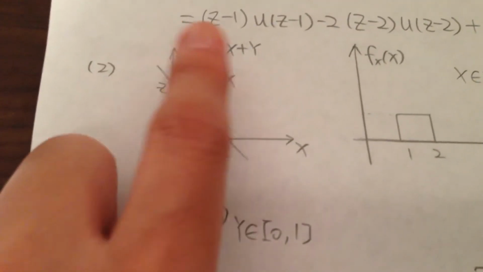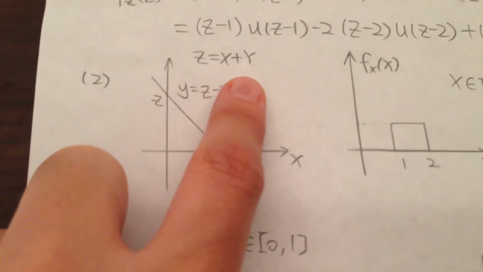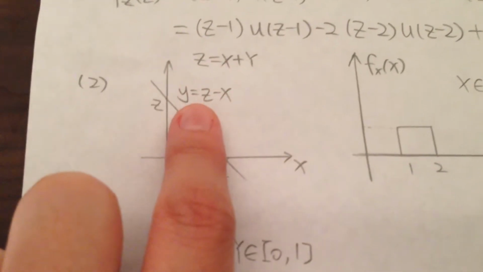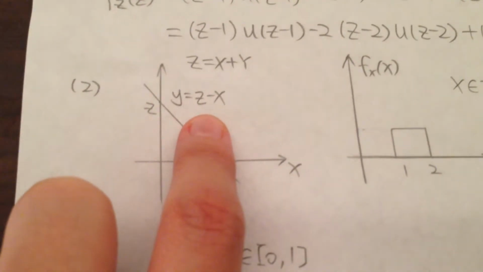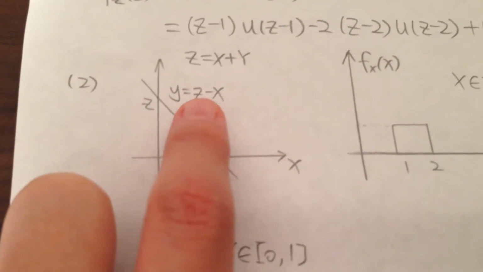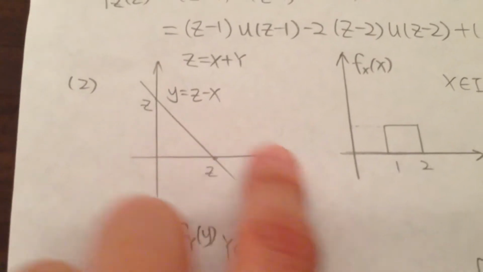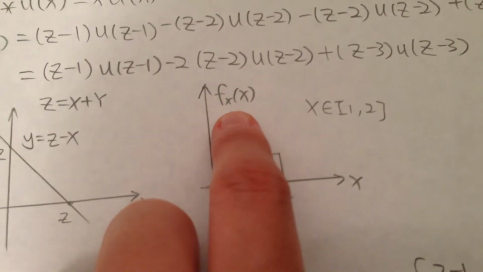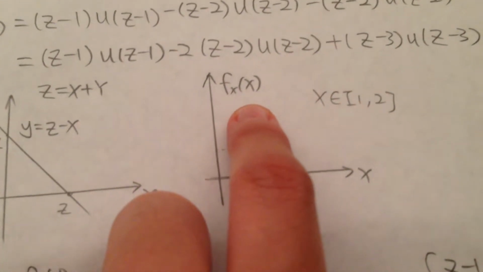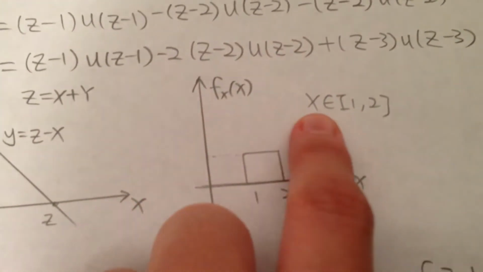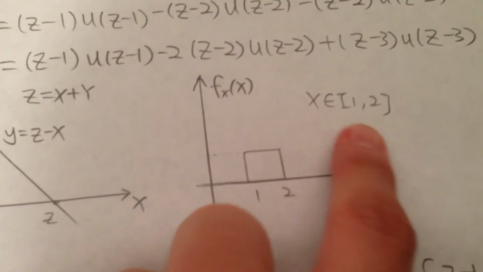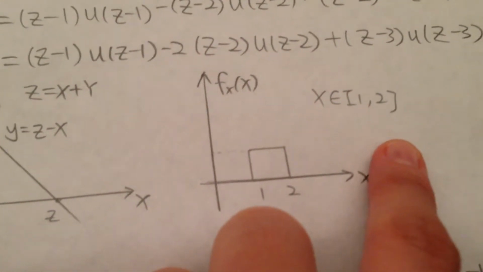Because z equals x plus y, we can find y equals z minus x. Then we can draw the density function of x. Here, x is ranging from 1 to 2.